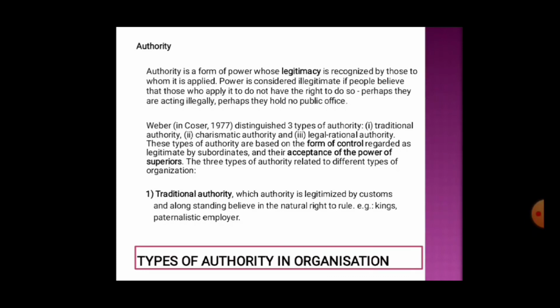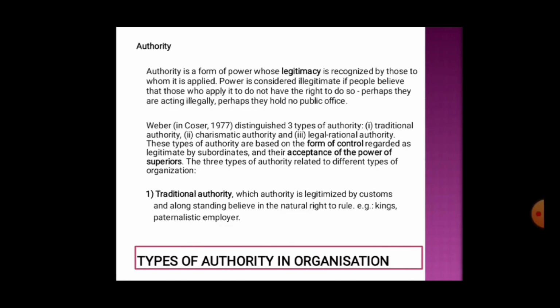Perhaps they are acting illegally or they hold no public office. The simple thing we want to know about authority is that it is the power or right to give orders, make decisions, enforce obedience, and it also has administrative power and control.